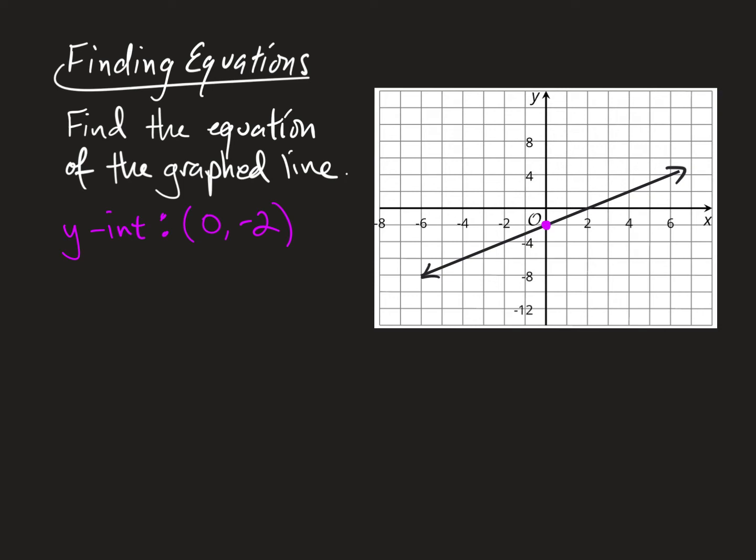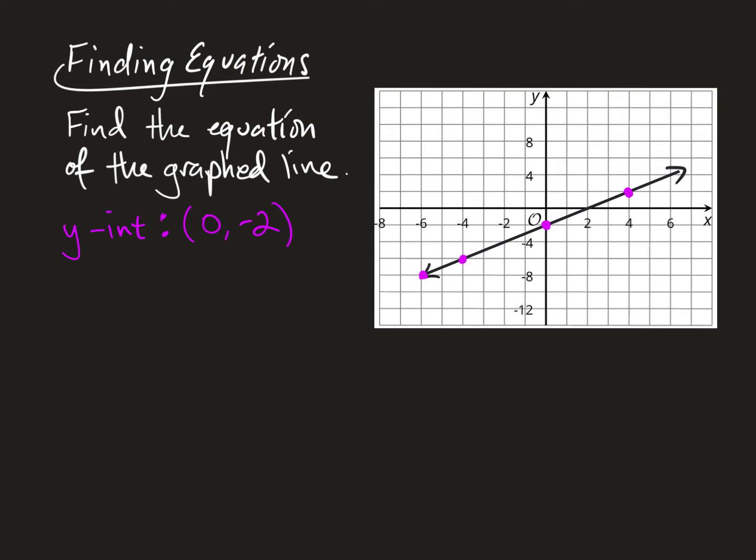And now to find the slope, since we only have 1 point right now, we need to have 2 points to find the slope. We can then pick any other point that's on this line that has some nice coordinates. Right, maybe that one, or probably even that one.